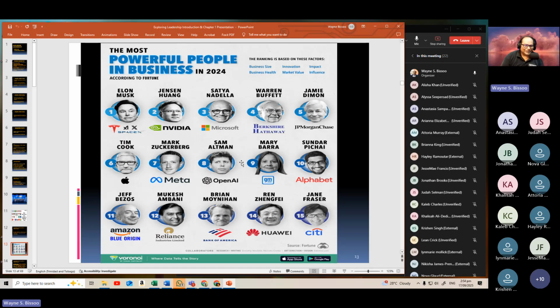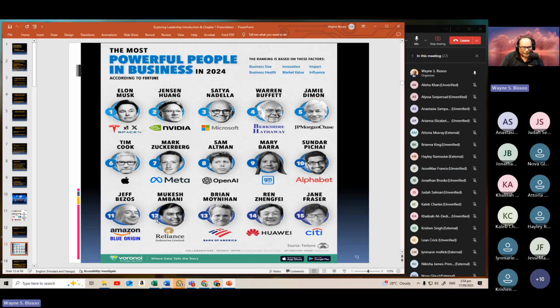I'm surprised that Warren Buffett is still in this list in 2024 because he's been on this list for a very long time. Never really at number one, but always somewhere in the top 10, which is quite interesting. Something to think about. It's not always good to be number one because that means you get too much attention. All right.